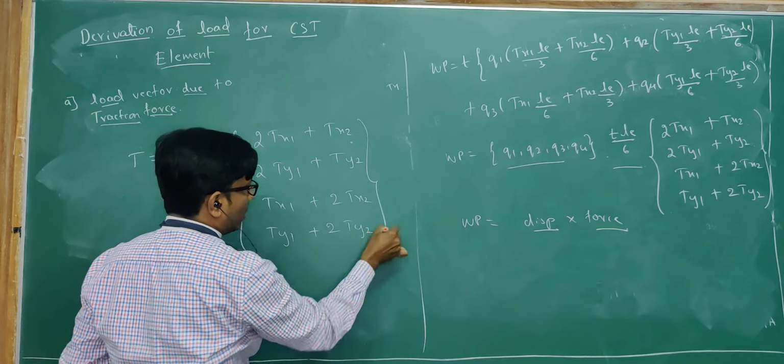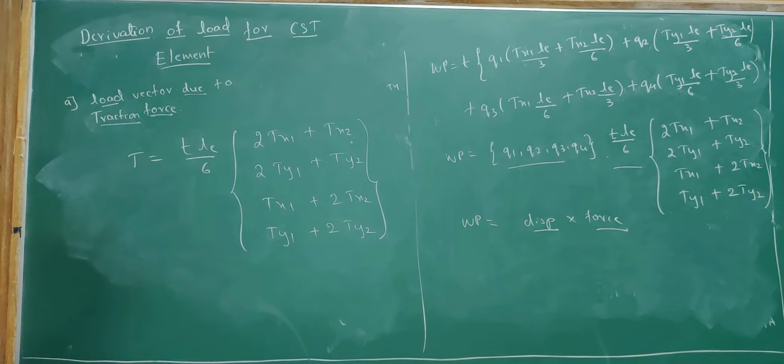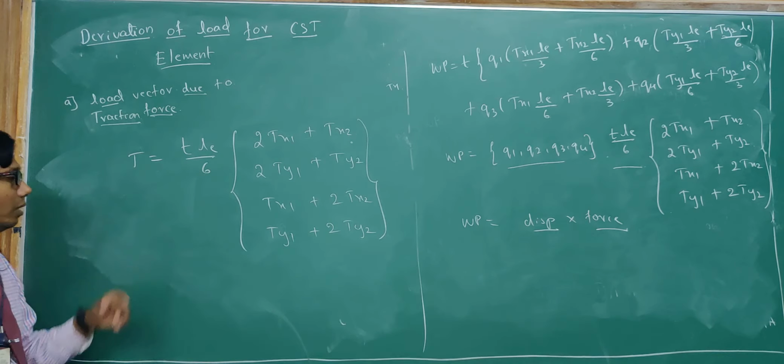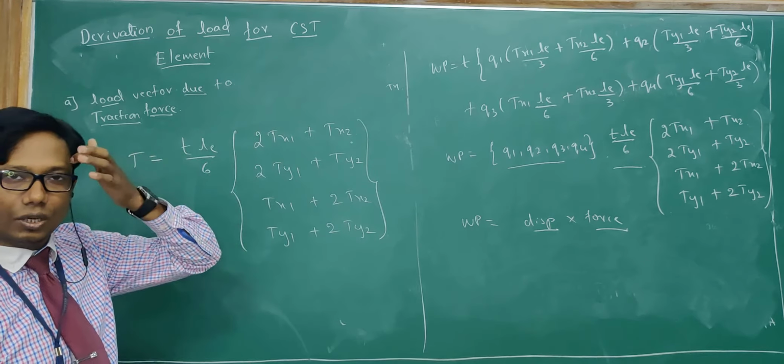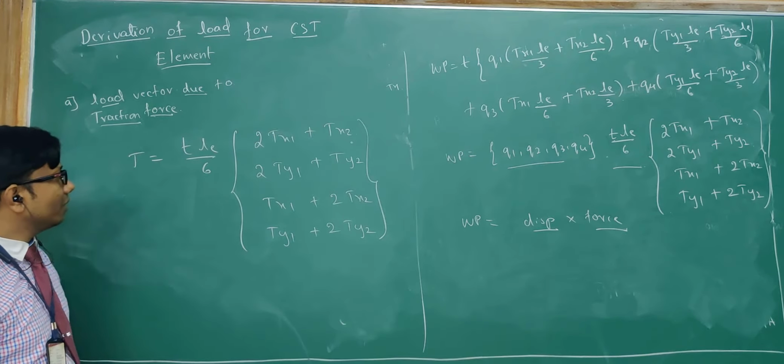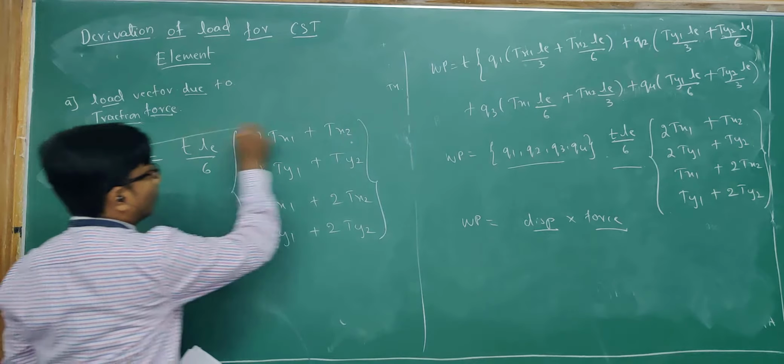This is how we need to derive the load vector for the traction force. There is a bit of simplification involved in this, and after simplification you will be getting the solution for this particular equation.